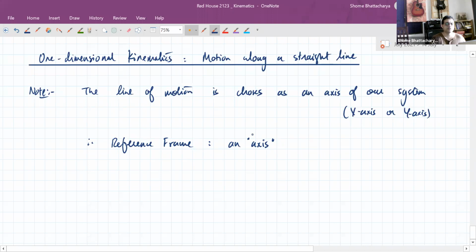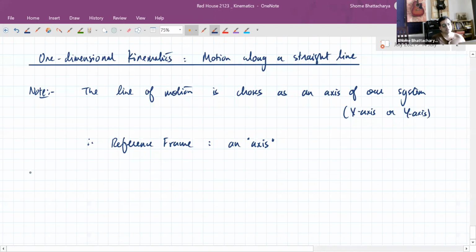Typically, if it's motion in a horizontal plane along a straight line, you can take it as the x-axis. If it's a vertical motion, like motion under gravity, you can take it as the y-axis. But there's no hard and fast rule like that. There's no reason why you cannot take a vertical axis as your x-axis or your z-axis. It's the choice of the person writing the equations. So our reference frame becomes an axis instead of a coordinate frame.